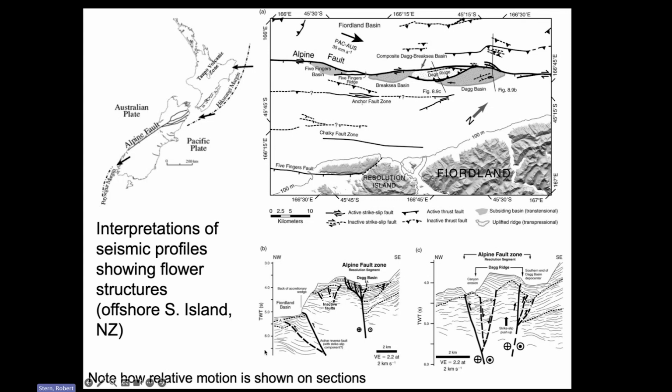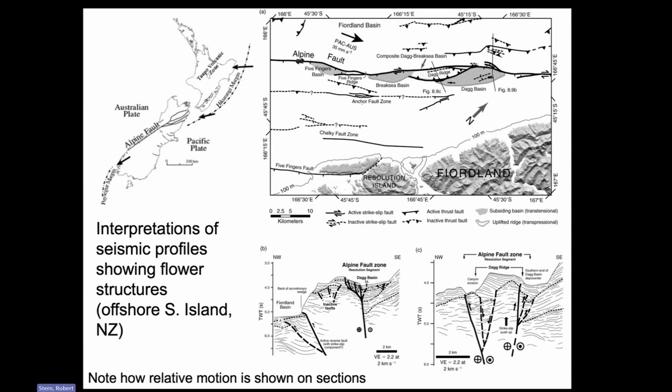The purpose here is to use our knowledge of flower structures to determine, are these positive or negative flower structures. There's the relative motion on the main strand of the fault, going into the page and coming out, going into the page, coming out, right? This is a right lateral system, obviously, right?